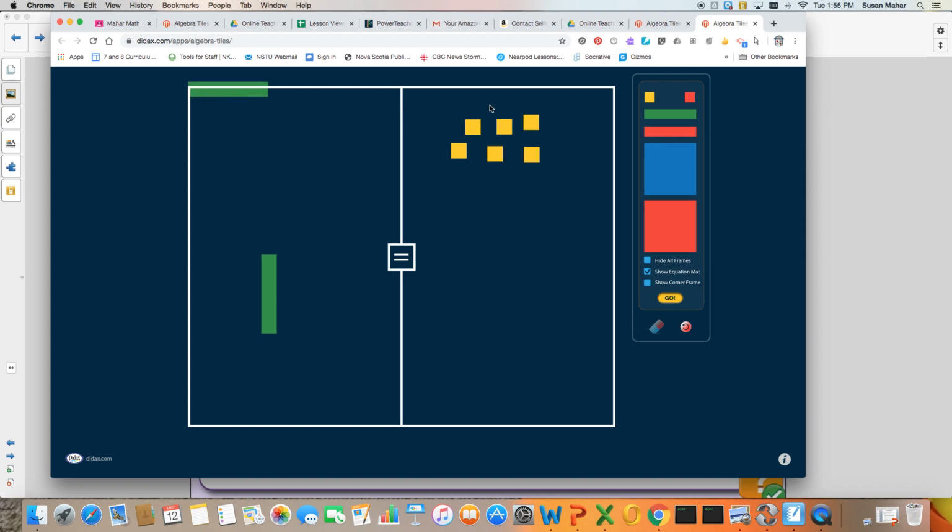We're going to get rid of him. We're going to bring another one in. Hopefully it will want to flip. There we go. Okay, so now I've divided by 2. And then I'm going to take these guys and I'm going to divide them by 2. I'm going to put them in groups, and I'm left with x is equal to 3, which is what you guys all knew all along.